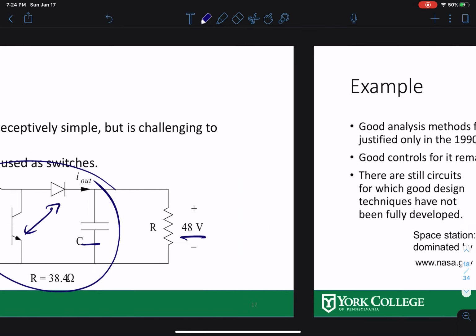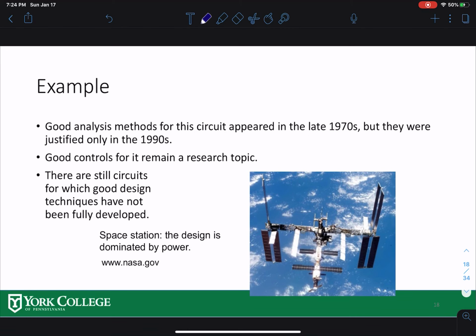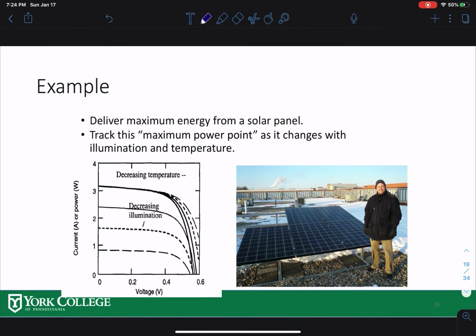All right. And where they are used, the boost converter is a big application for space, because space has the solar system there. So you have to take that and convert it to useful energy. There's a big research area there. And also, when you do the power conversion through the solar system, you always try to do your conversion at the max point over here.